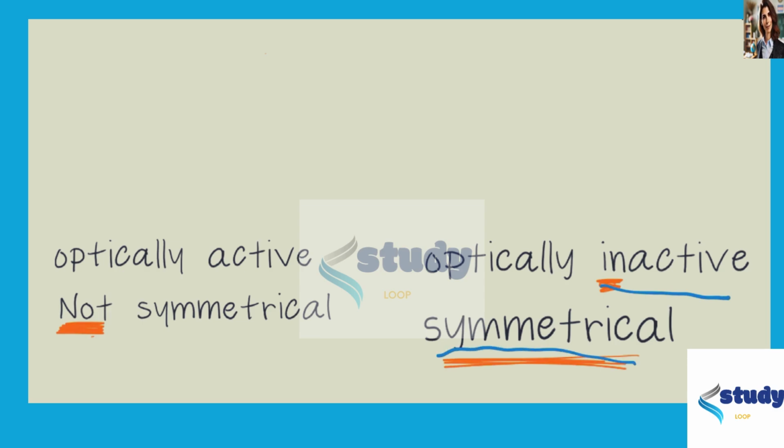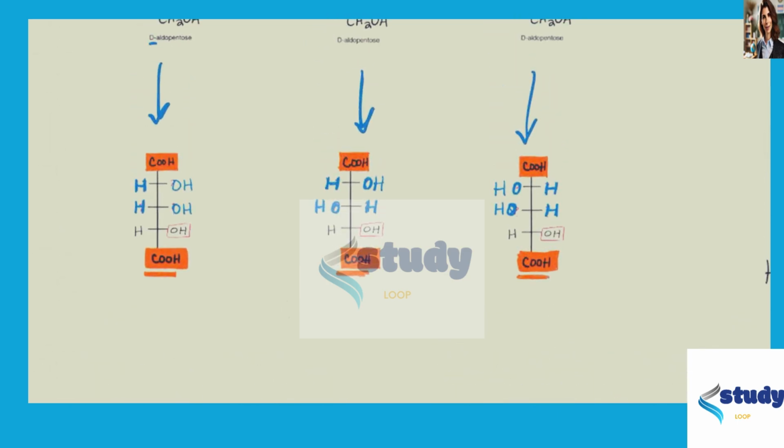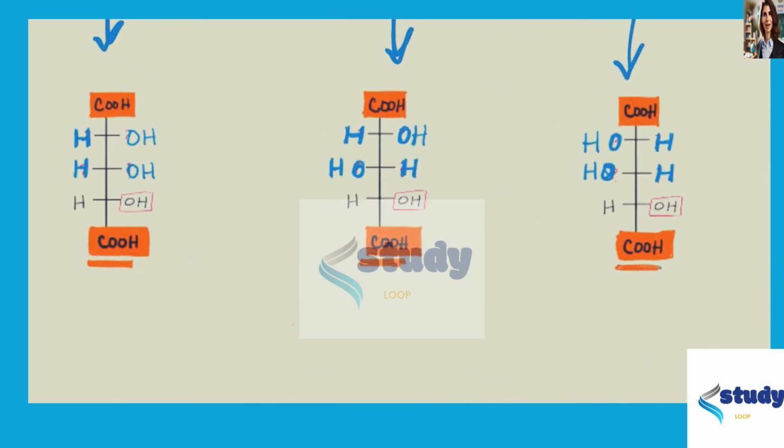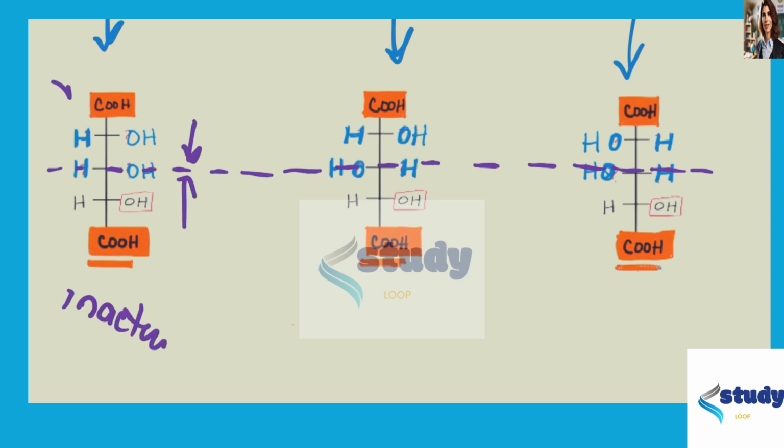The easiest way to figure that out is to draw a line through these structures and ask yourself, are they symmetrical on both sides? You'll notice that this one is symmetrical. It is optically inactive. This structure, the same, optically inactive.